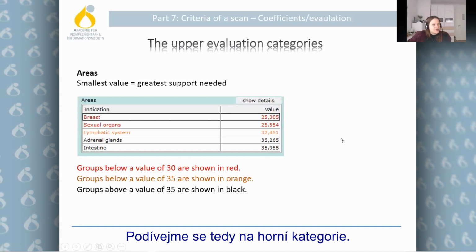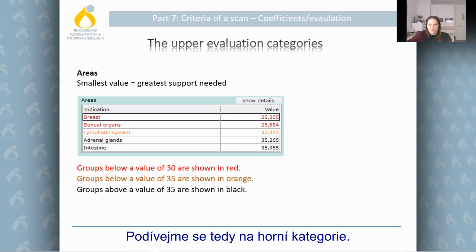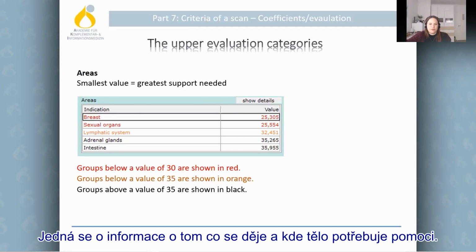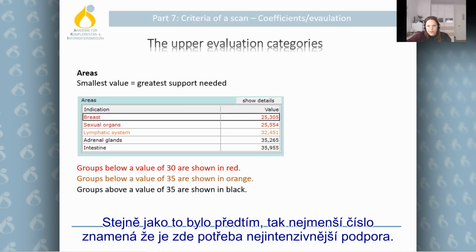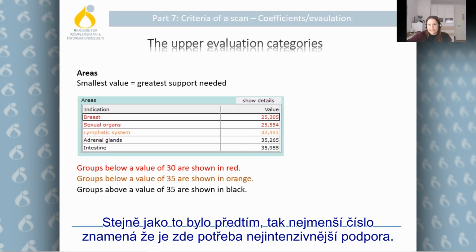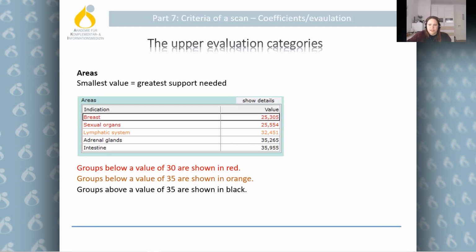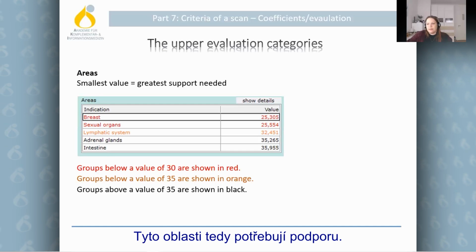So let's go to the upper categories we use for getting the information, what's going on or where the body needs help. So the first are the areas, the same that we had before: the smallest value, so the greatest support is needed. This is what these areas say. So this area needs support.